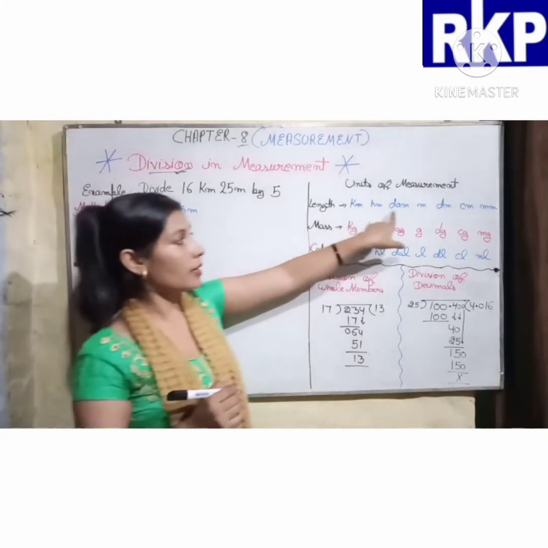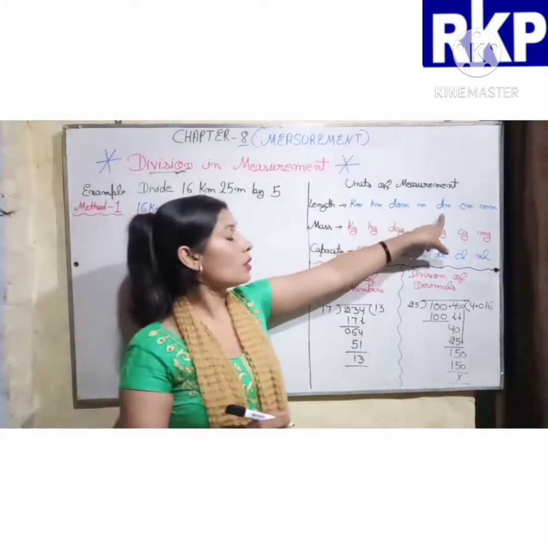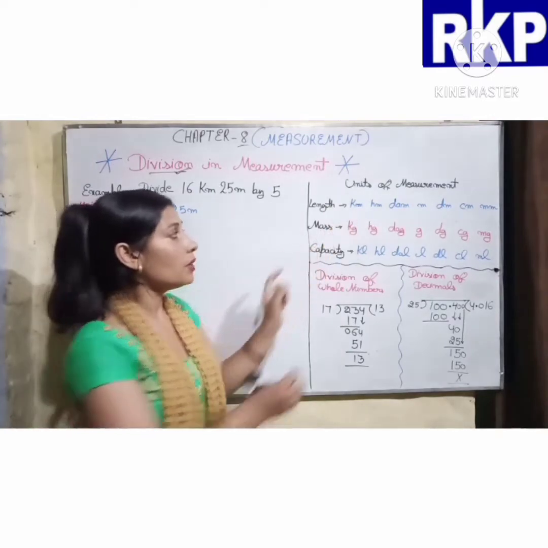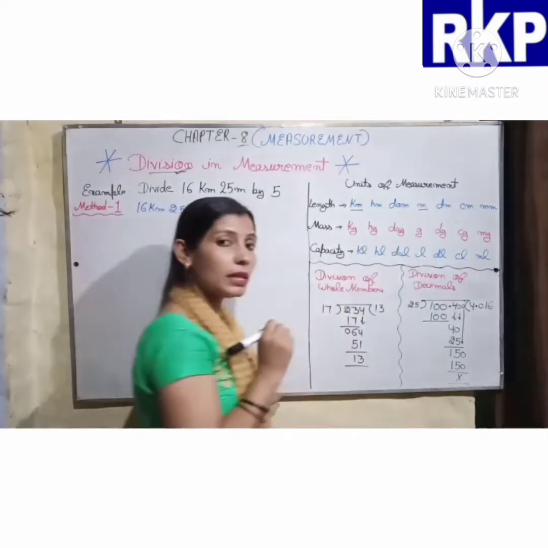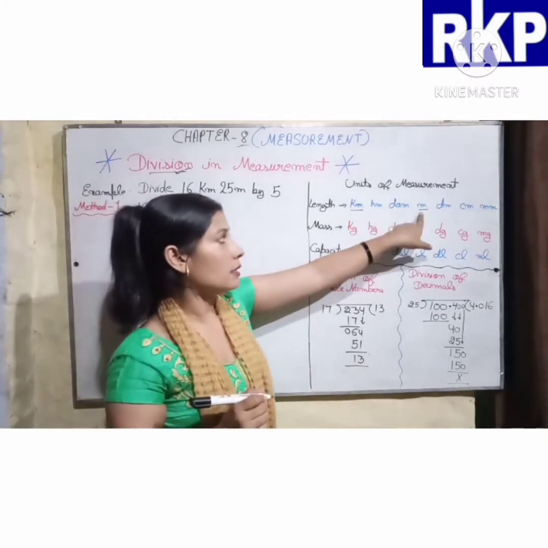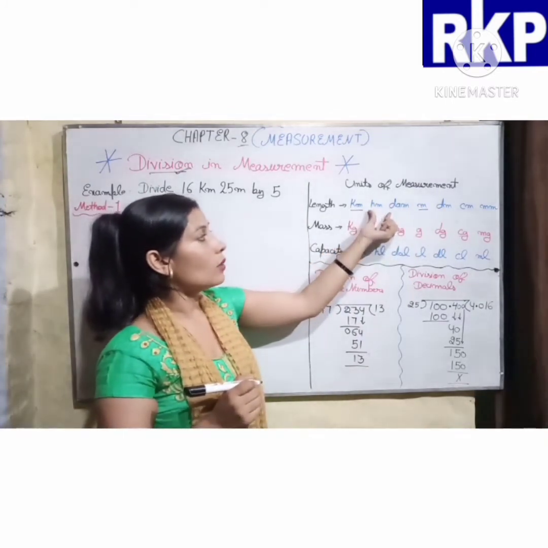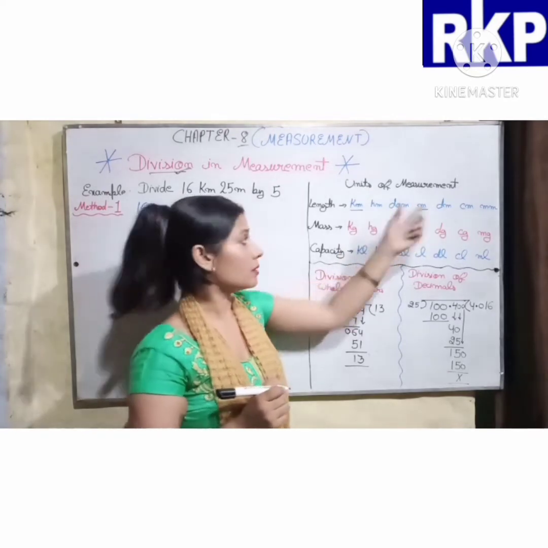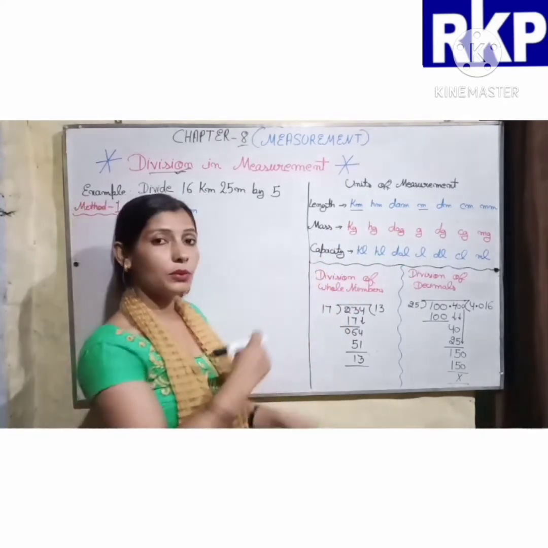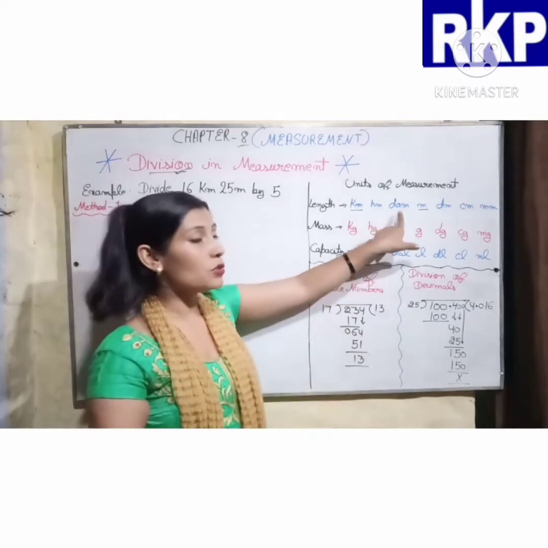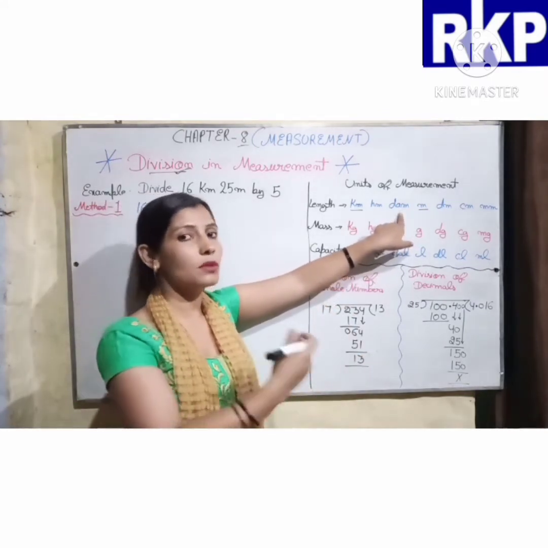Now let us see here. These are the units of length. Here we have kilometer and here we have meter. So here you can see, 1 kilometer is equal to how many meters? Because you know, as we move from left to right, the next unit becomes 10 times smaller.